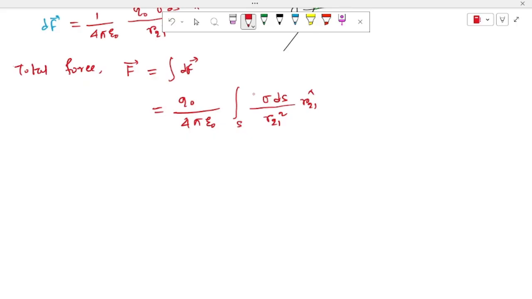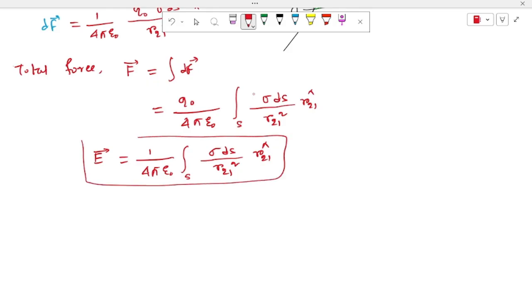So from here we can easily know the expression of electric field. So the expression of electric field will be 1 by 4 pi epsilon naught integration over the surface sigma ds by r21 square r21 cap. So this is the expression of electric field due to the surface charge distribution.